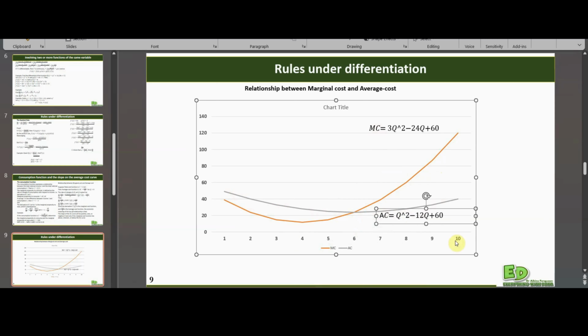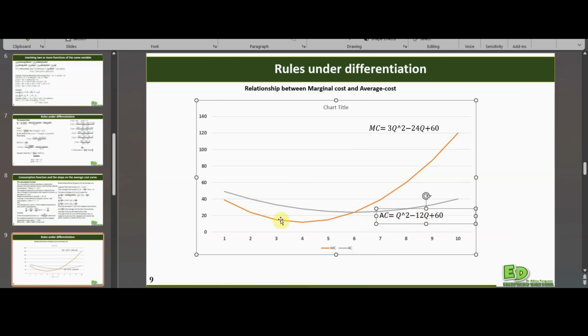So when MC is less than AC, we'll say that AC is falling. And then when MC is greater than AC, we'll say that the average cost curve is rising, right?